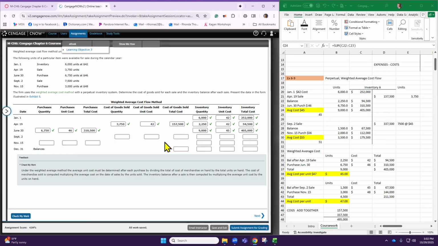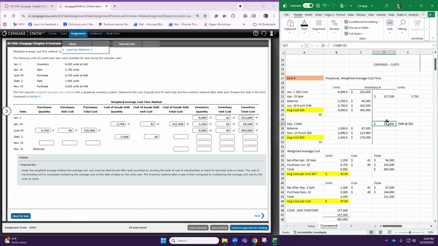All right, now we're ready for another sale, a September 2nd sale. So we have a balance. September 2nd, we're selling 7,500 units at a cost of 45.